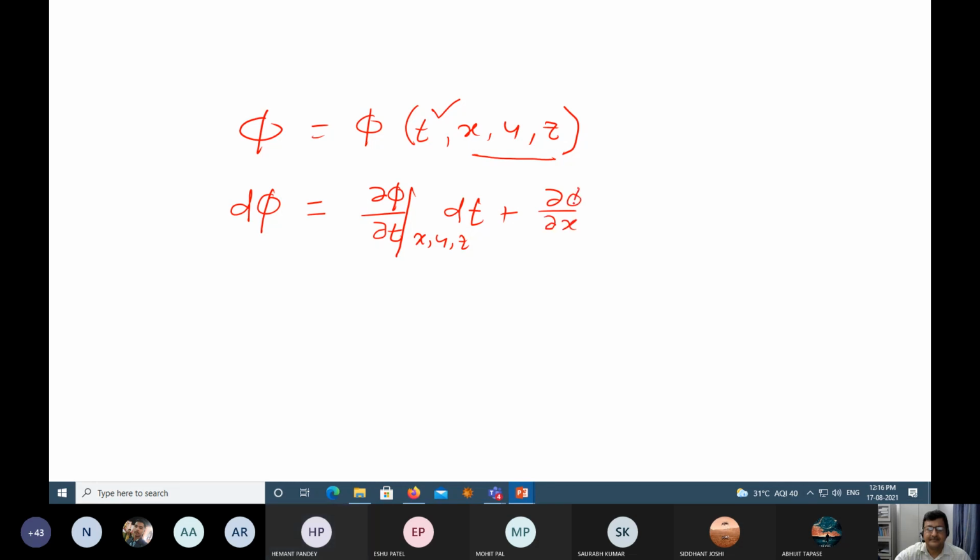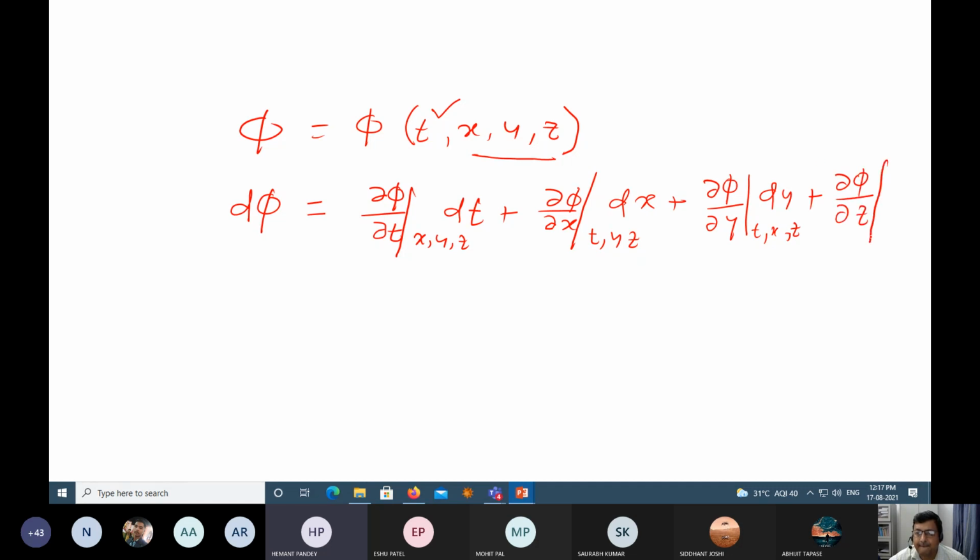What is constant here? t, y and z. This is dx, right? Then del phi by del y. What is constant here? t, x, z. And dy. Then I have del phi by del z. t, x, y and then dz. Right?